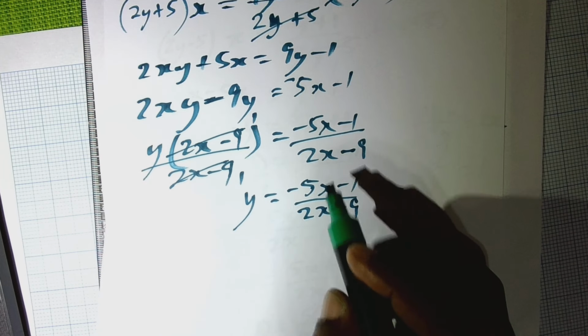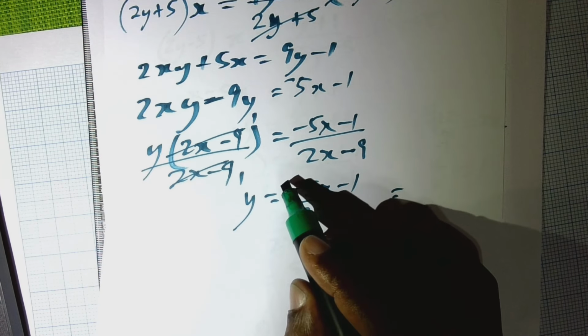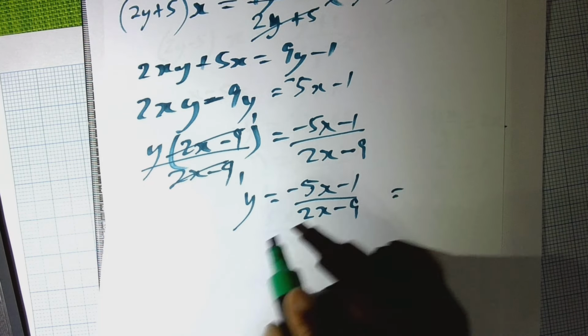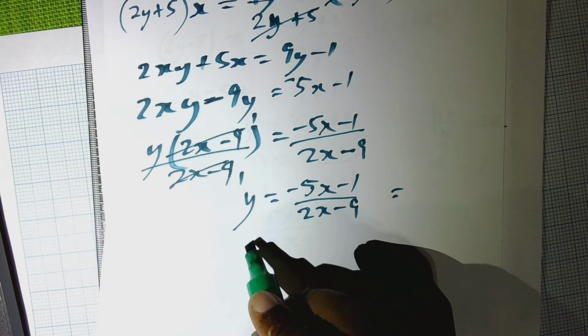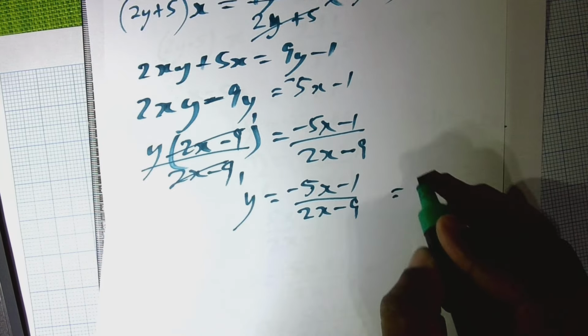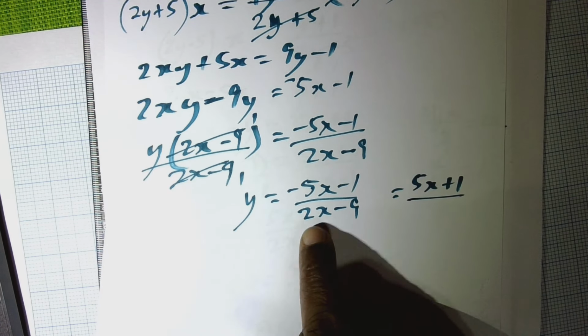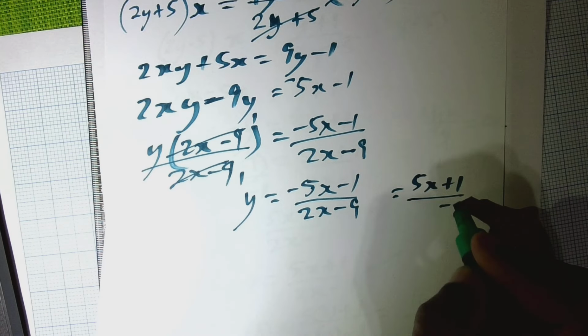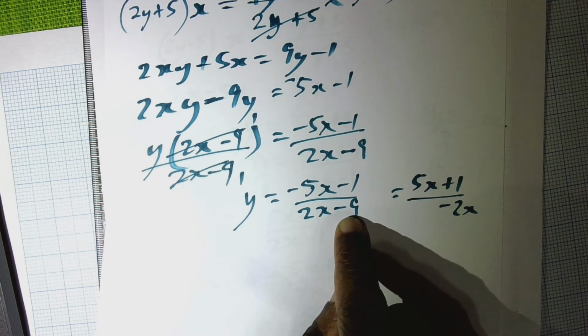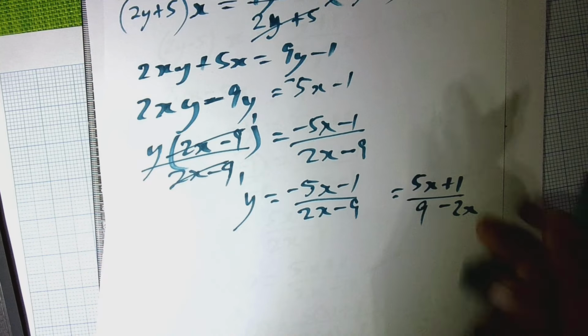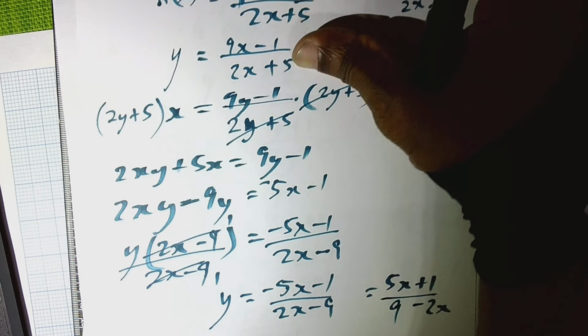Instead of multiplying by any number, we can just multiply by negative 1. If we multiply this top by negative 1, what happens? This becomes a positive 5x. This becomes a positive 1. This becomes a negative 2x, so I'm going to put it at the end. And this 9 becomes what? Positive 9.